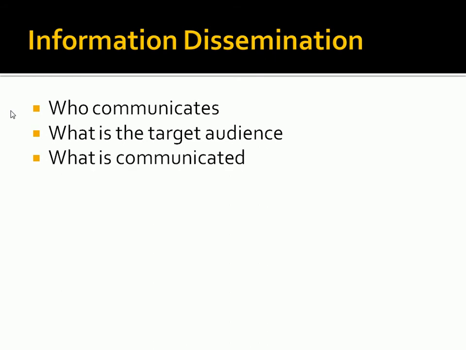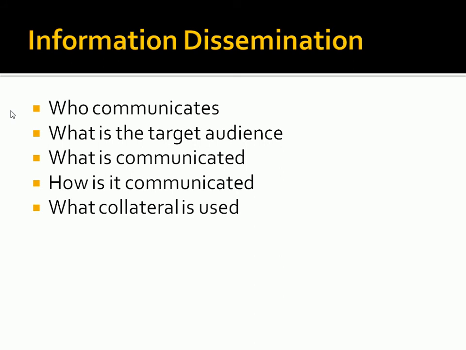What is communicated? Is the right message being delivered? Are we delivering a consistent message, in other words? How is it communicated? Are we delivering the message in the most efficient manner? Are we making this easy for people to get this information? What collateral is used?